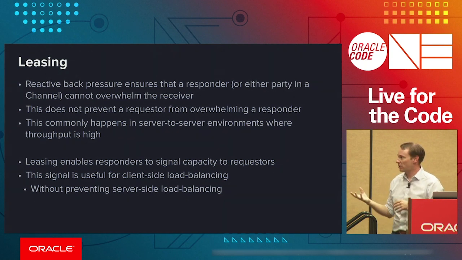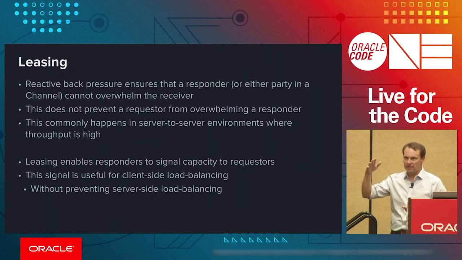So leasing as part of the protocol effectively allows a server, the producer side of this equation, to tell a client, here are the number of requests you are allowed to send me in the next period of time. So you might imagine a server that watches its CPU usage. And as long as it's not over 80% CPU usage, everybody can request as much as they want.